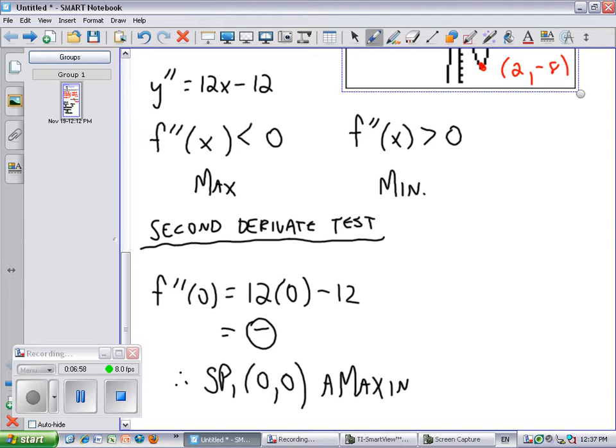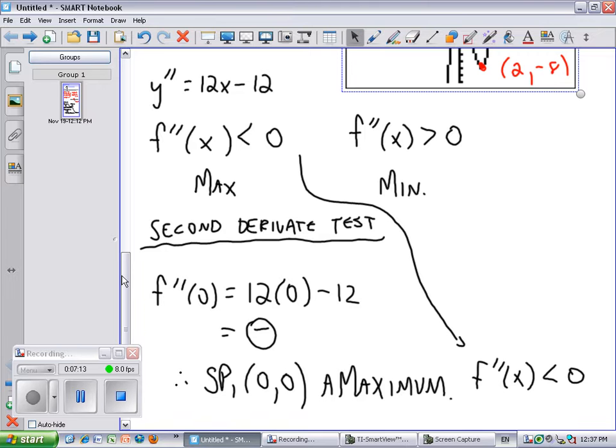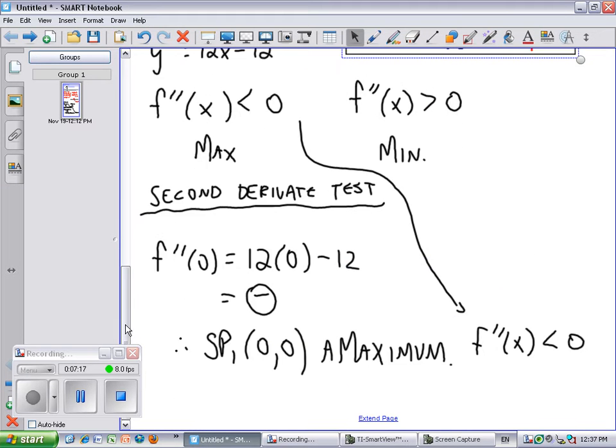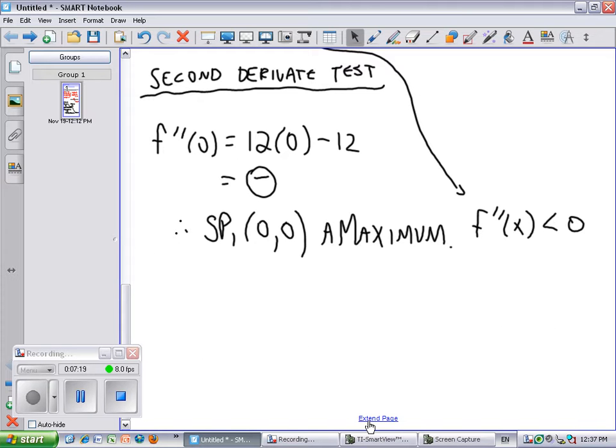Because as stated above, f double prime of x was less than 0. And if you look at our graph, our suspicion was true. And the second one, we'll do it in red. F double prime of 2 is 12 times 2 minus 12, which equals 24 minus 12, positive.